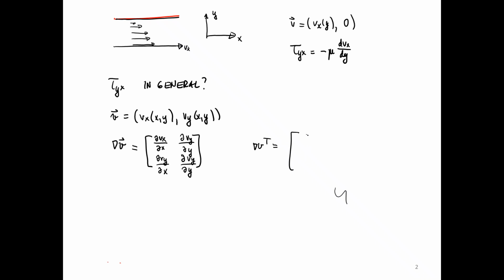So I know that my transpose is, well, nothing changes on the diagonal. This is supposed to be x. When I'm transposing the matrix, I'm just flipping things across the diagonal: dvx dy and dvy dx.